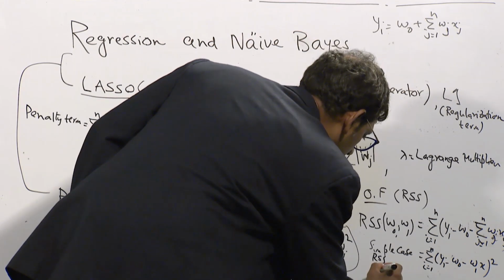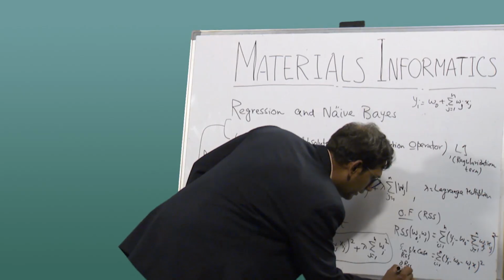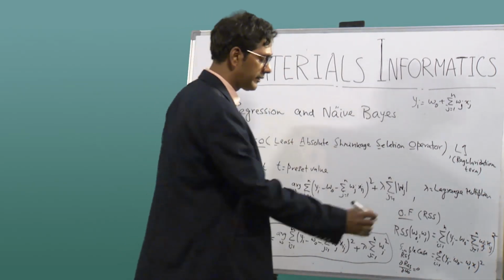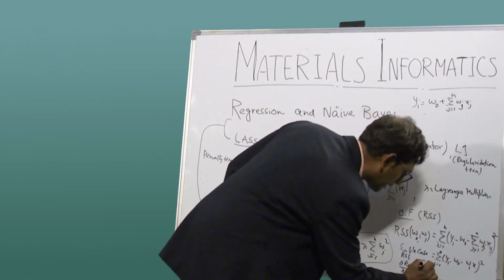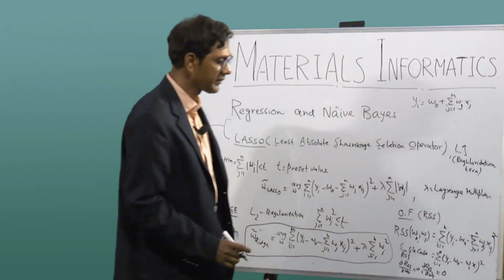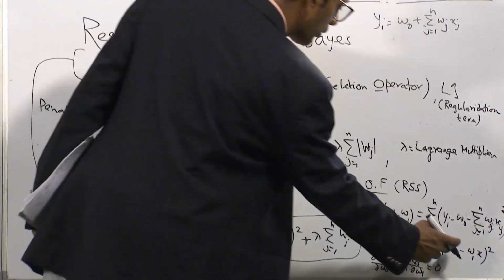First you take del RSS by del W0 equal to 0, correct. You can do that mathematics yourself, and del RSS by del W1 equal to 0. Okay. So, by putting these first order derivatives, you can find the value of both W0 and W1 here.